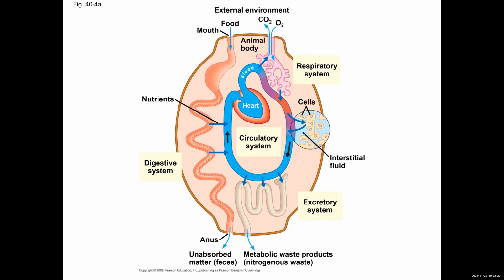So this slide is a reminder that these major body organ systems in a large terrestrial animal in particular each have a specialized job, and that they have to work together in order to meet the needs of the organism. 3 of these systems, the digestive system, respiratory system, and excretory system, are connected to the outside world.